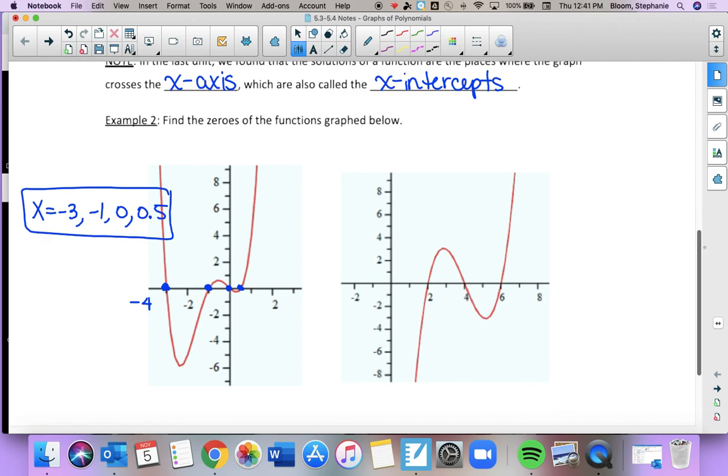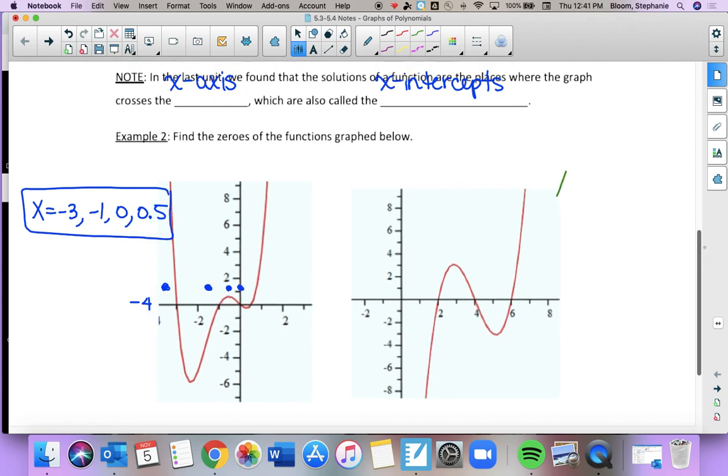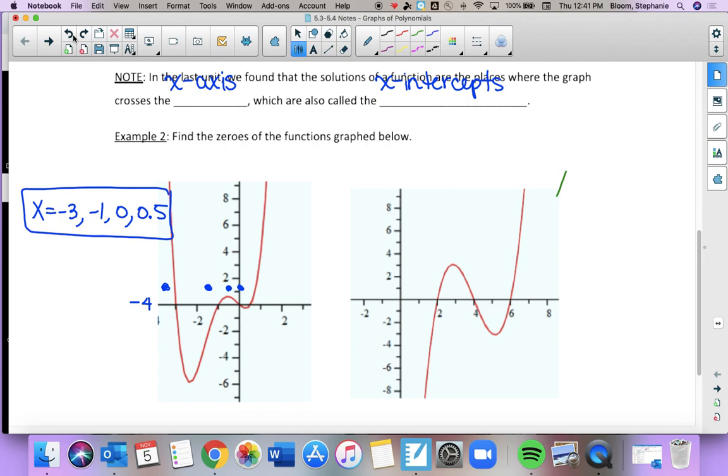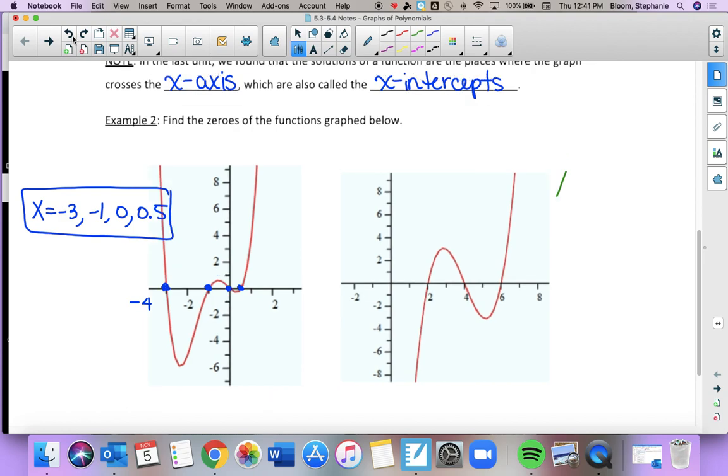Okay, so when you're solving, you're always writing x equals a number, right? Because we know that that represents that point on the x-axis. All right, how about the next one? What would be my zeros of this function? Wiley? 2, 4, and 6. Okay.